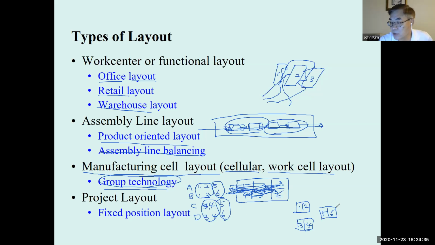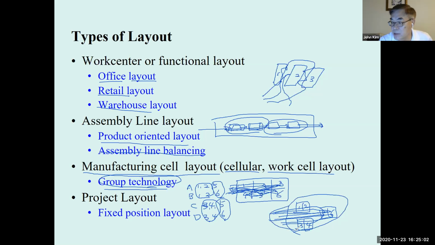Using this cellular layout, type A comes 1, 2, and 5, and then out. Type B 1, 2, 5, and out, and then C type 3, 5, and out, and then the last one D 6 and out, like this.